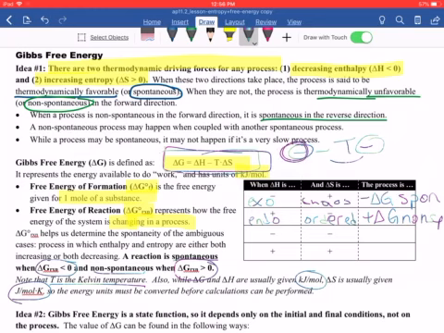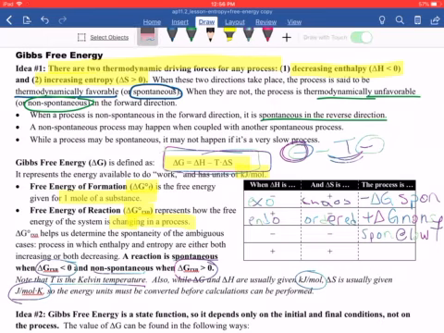And so it will be spontaneous at low temperatures only. But if that temperature is too big, then it will be non-spontaneous, right? Because then this negative times negative is a bigger positive, and therefore it will be a positive delta G, non-spontaneous.